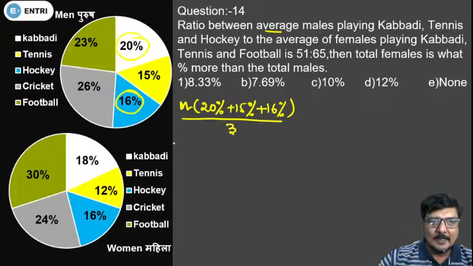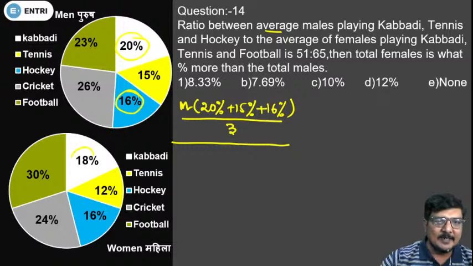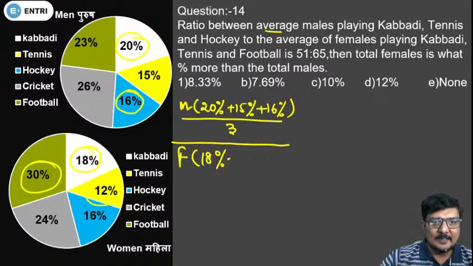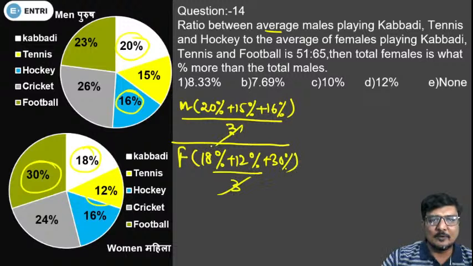And the ratio is given with the average of females playing kabaddi 18%, tennis 12% and football 30%. So for all the females, 18% plus 12% plus 30% divided by 3.